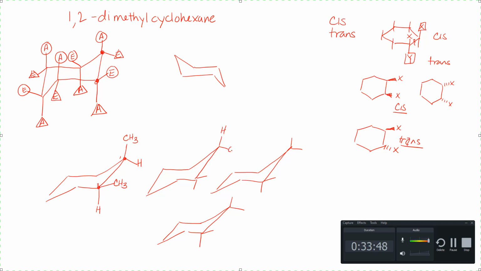The hydrogen and the methyl group switch from being axial and equatorial, and on carbon 2, the axial and the equatorial positions flip. So this structure, we'll call structure A and B. B is the ring flipped, non-ring flipped A, because I interchanged the positions.